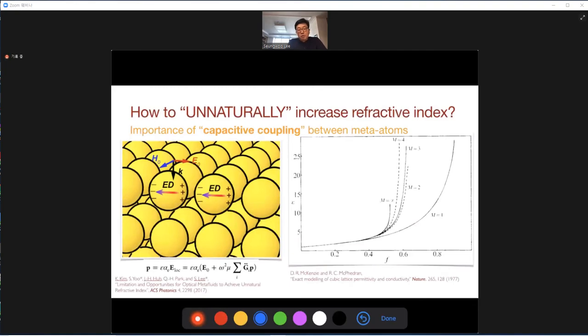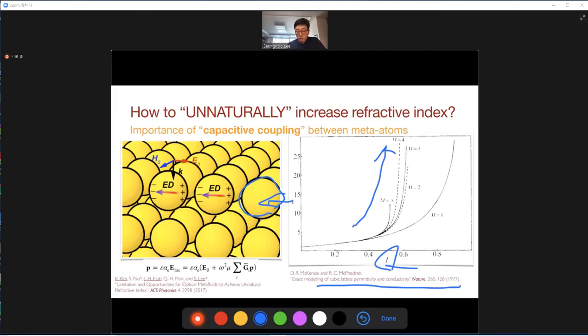A long time ago, several researchers indicated here expected that when we increase the volume fraction of conductive spheres, we can effectively and unnaturally increase the accessible permittivity. Here f indicates the volume fraction of the conductive spheres. A higher fraction means the spacing between the spheres decreases, which in turn makes them more strongly coupled.